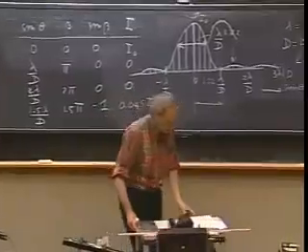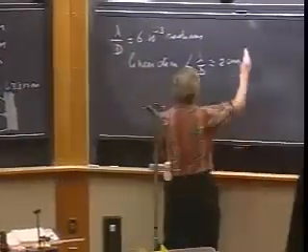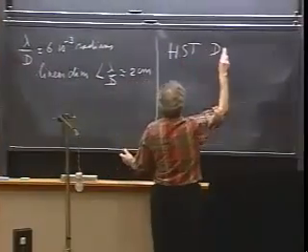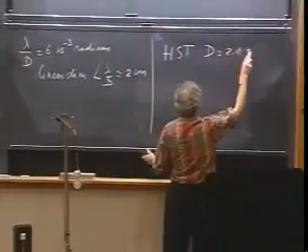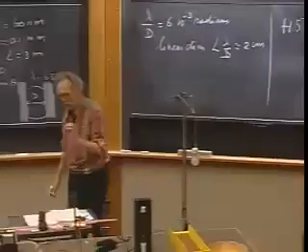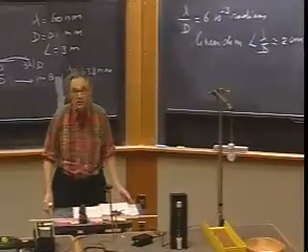Suppose we take the Hubble Space Telescope. The Hubble Space Telescope, HST, has a mirror with a diameter D of 2.4 meters. And it is prepared so carefully that the claim is made that it is really diffraction limited.